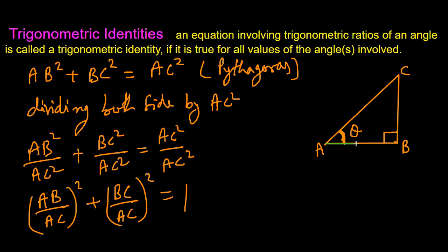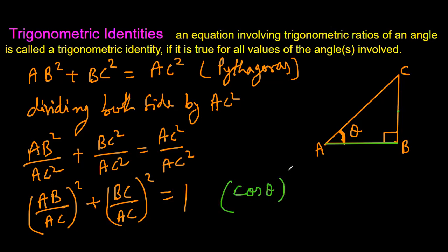So this side is adjacent side because it is part of that angle which we are talking about. And the side opposite to the given angle theta is here. Now we want to define AB by AC. By definition, AB by AC was adjacent by hypotenuse, which was cos theta.